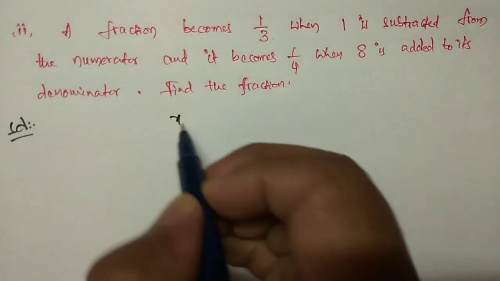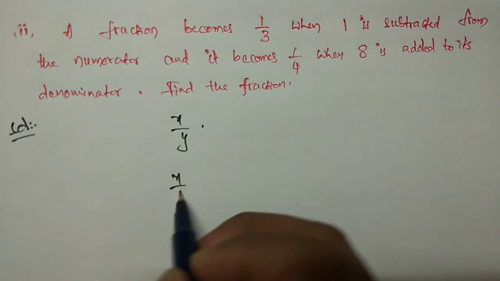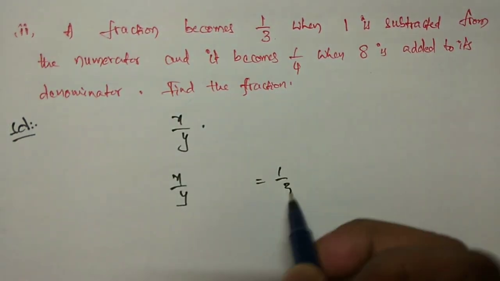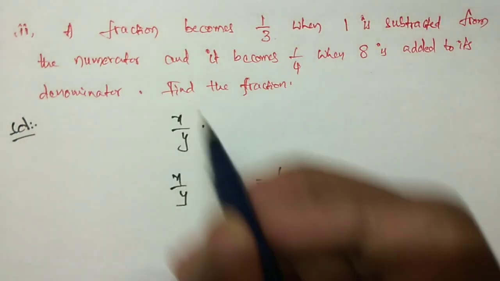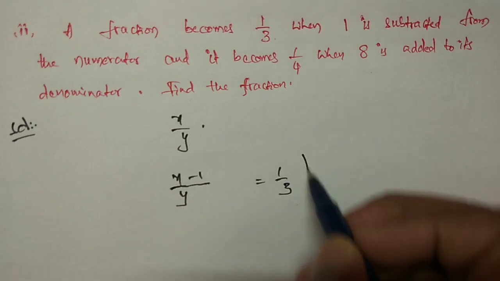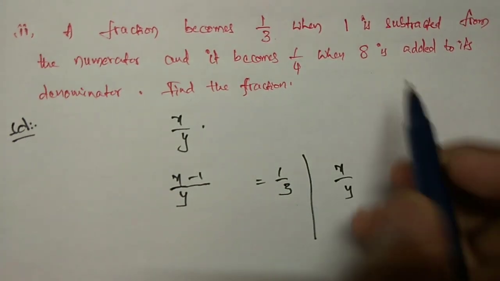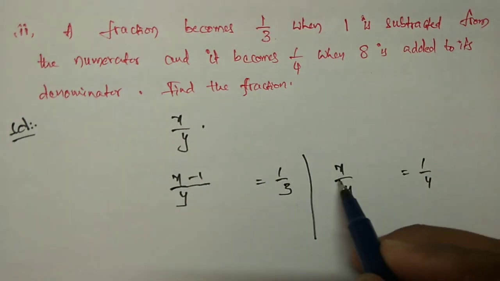Let the fraction be x by y. A fraction becomes 1 by 3 when 1 is subtracted from the numerator, and it becomes 1 by 4 when 8 is added to its denominator.